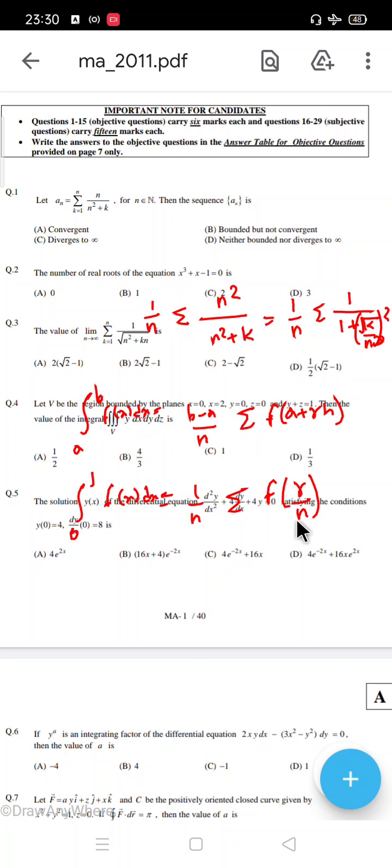I want it in r by n form, no? I am getting it as root k by n. I need to compare this with this.